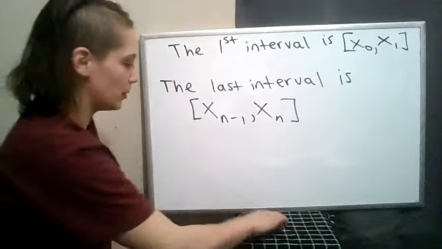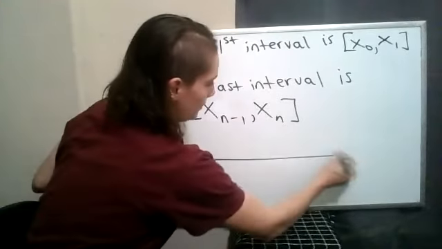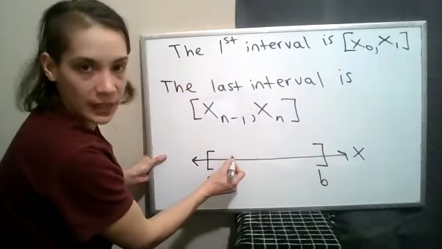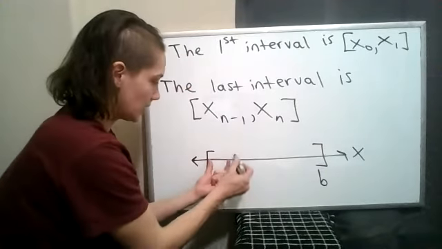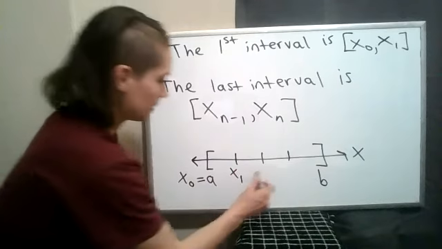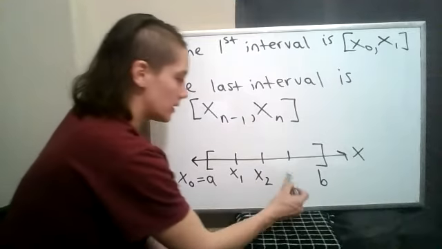The drawing helps. Before we keep going, I've kind of gone on a tangent, but it's okay. We have a number line for x. We start at A and go to B. And then we create subintervals of width delta x. The very first interval goes from x0 to x1. And then the next one goes x1 to x2. This picture would go from x2 to x3.